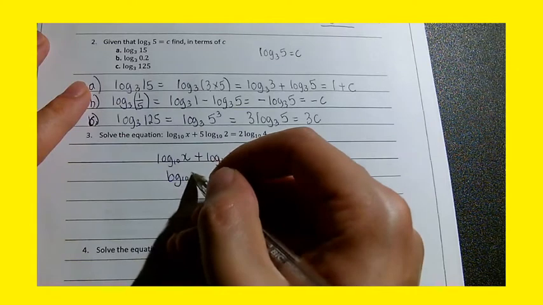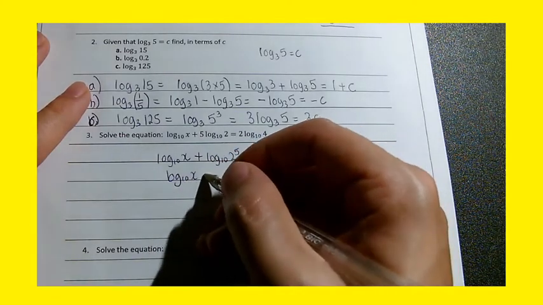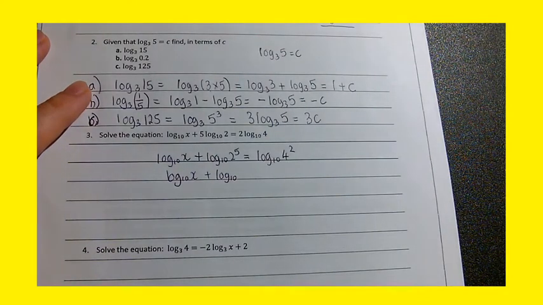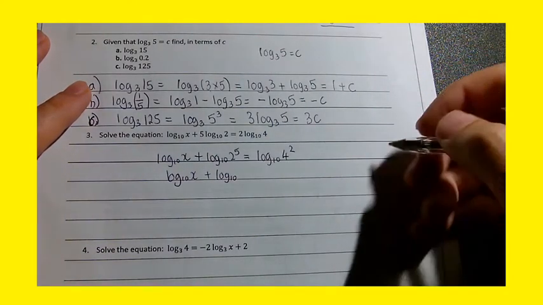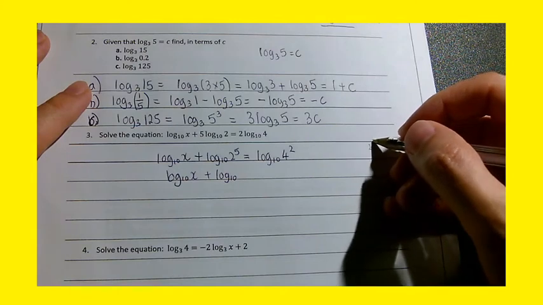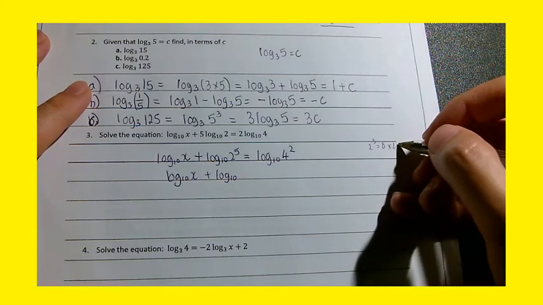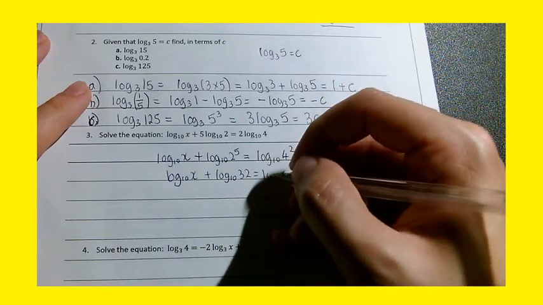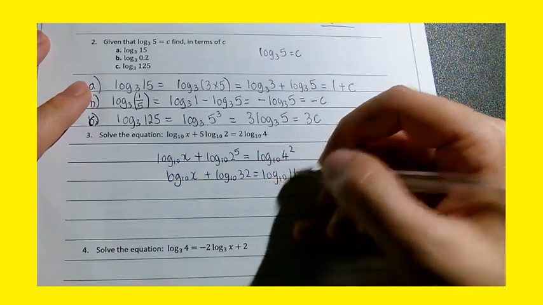So let's just tie this up a bit. Log base 10 x plus log base 10 of 2 to the power of 5. Now 2 squared, 2 cubed is 8, times 2 is 16, so you've got 32. And then 4 squared is 16.